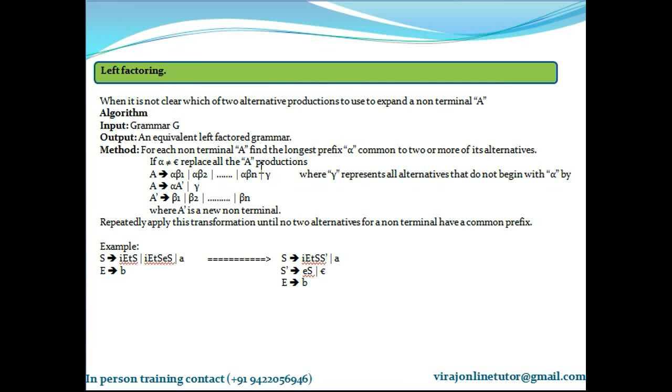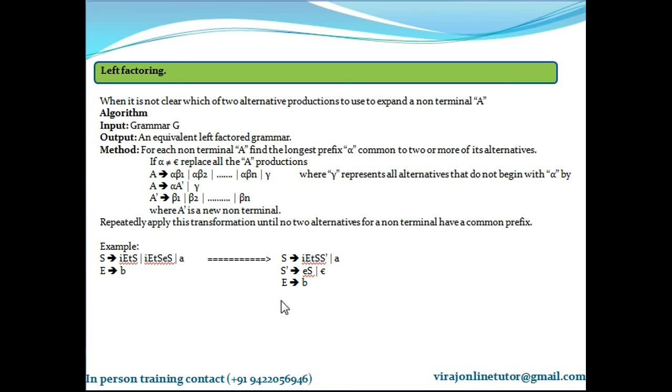Keep on applying this algorithm, because it can happen that after I write the common thing once and introduce a new production for the uncommon, for S dash again some things may start matching from left. It can happen for some other productions. In that case, please be careful and verify that none of the productions have a common prefix on the right-hand side, so that there is no confusion for the compiler.